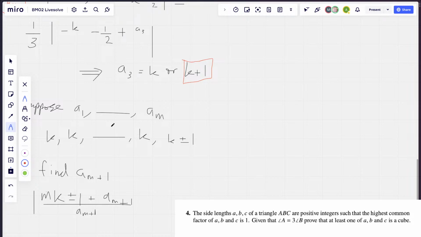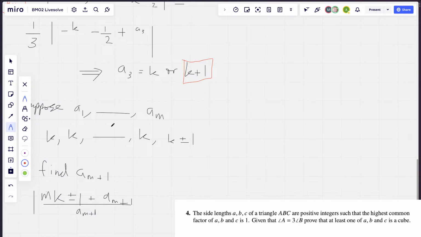Well, then P divides A cubed, so P divides A. P divides B means P cubed is divisible by B. Okay, just stop for a second, right?